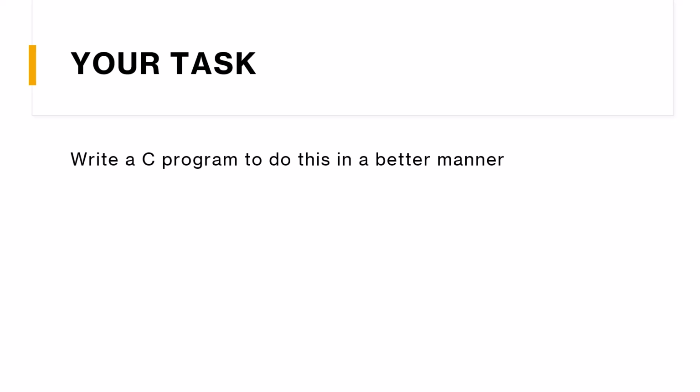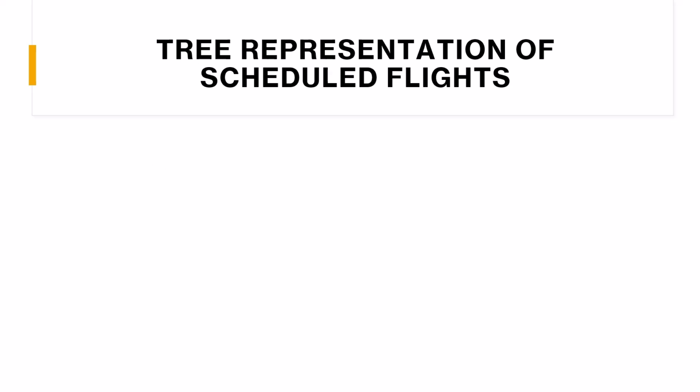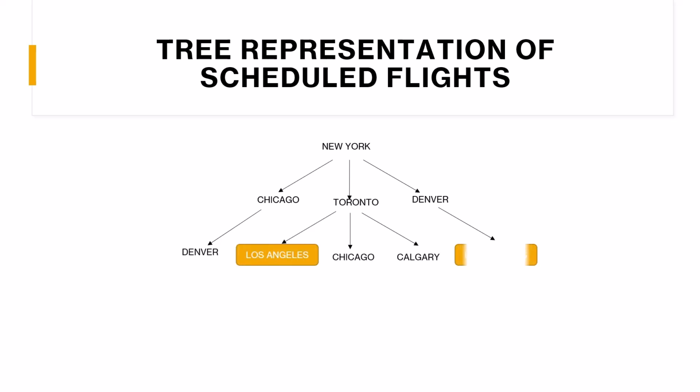So before we get down to writing the code, the first thing we'll do is put all this flight information into a tree. This is our origin, right? And we have direct flights from New York to these destinations. And then, of course, we have the via routes to different places, including Los Angeles.